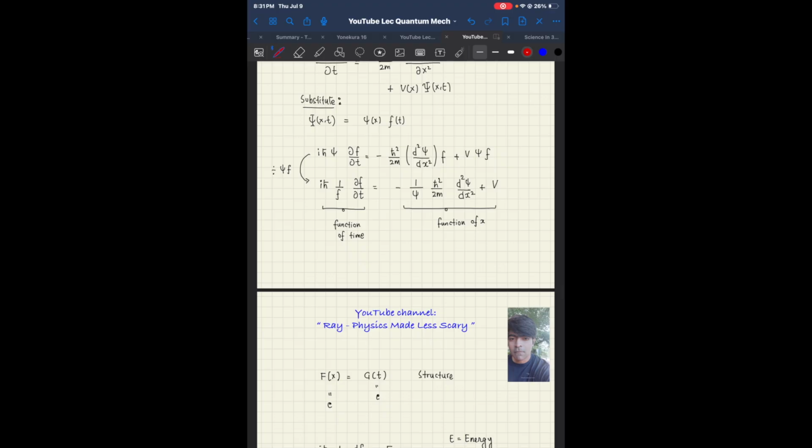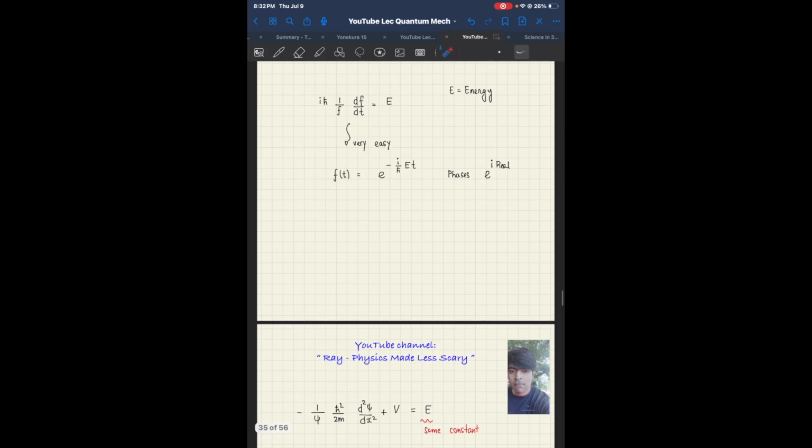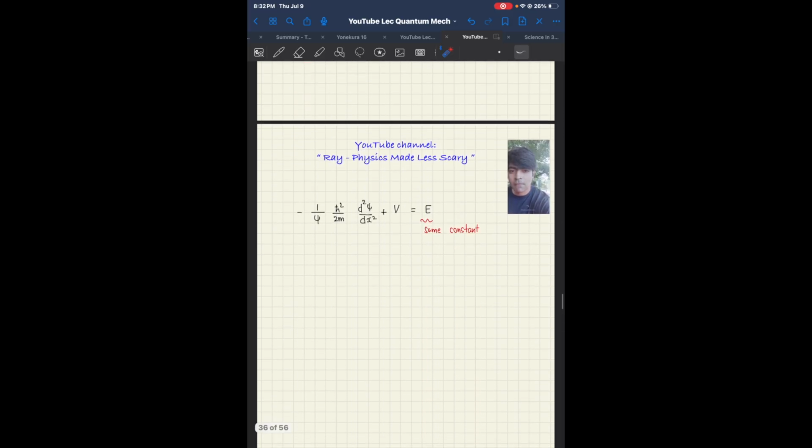That is, this is equal to E, and this is also equal to E. That's the only way this equation can be satisfied. And that's the beauty of the separation of variables. Okay, great.